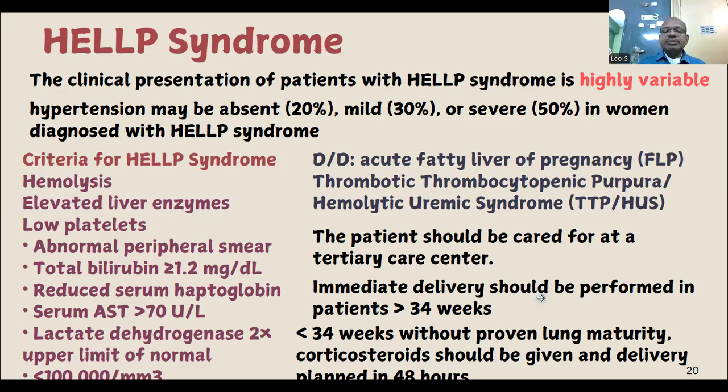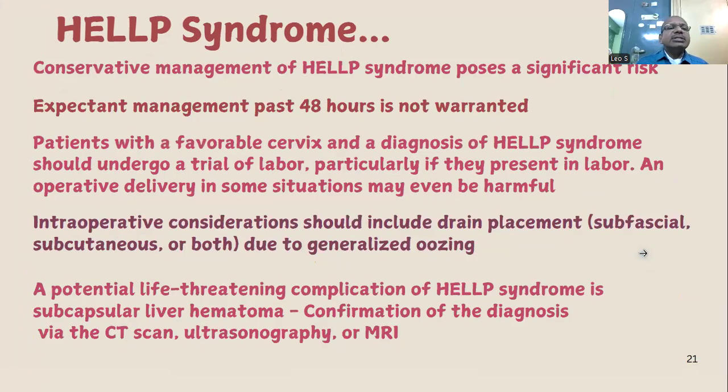Less than 34 weeks, without proven lung maturity, corticosteroids should be given and delivery should be planned within 48 hours. Conservative and expectant management poses significant risk and is not warranted. Patients with a favorable cervix should be allowed a trial of labor, and operative delivery may be harmful.